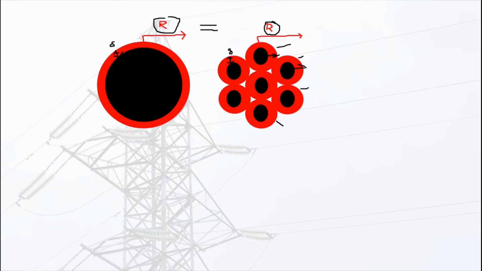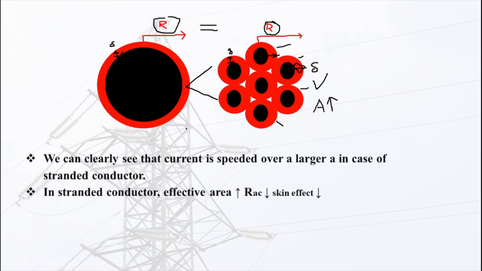This is because skin depth is independent of the radius of the conductor. Now see carefully, in these two conductors current is spread over a larger area in the case of the stranded conductor. So we can say that the effective cross-sectional area over which current flows is larger in the stranded conductor than in the solid conductor.